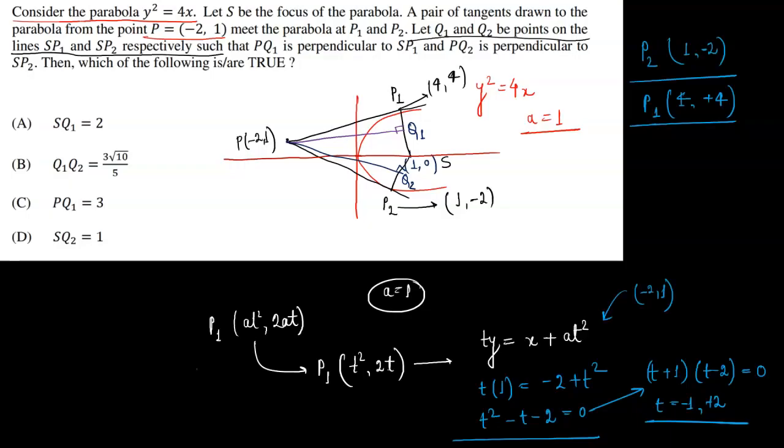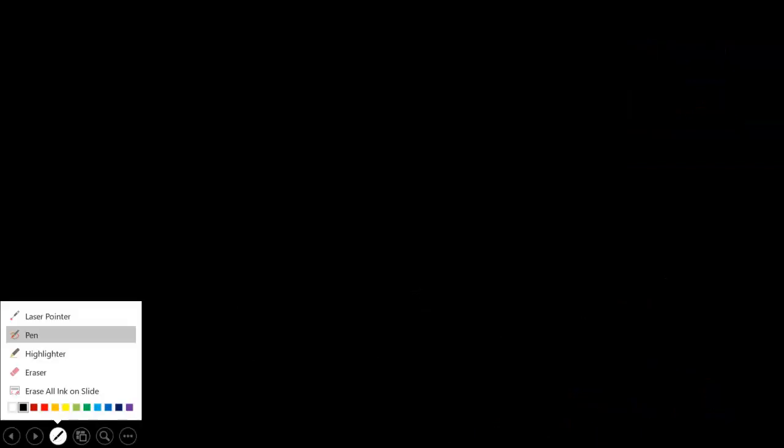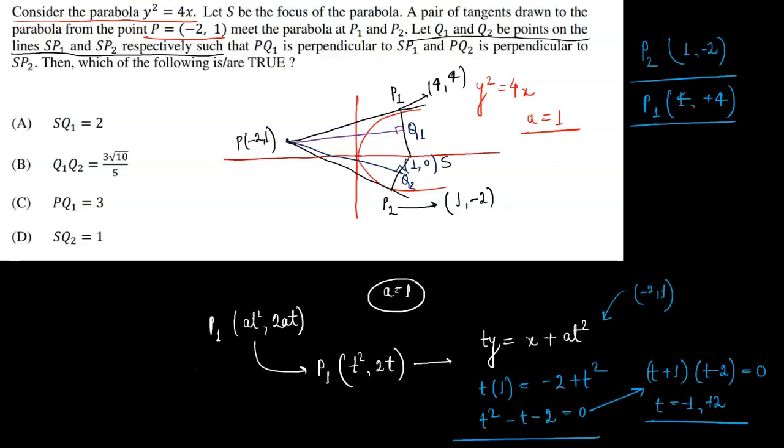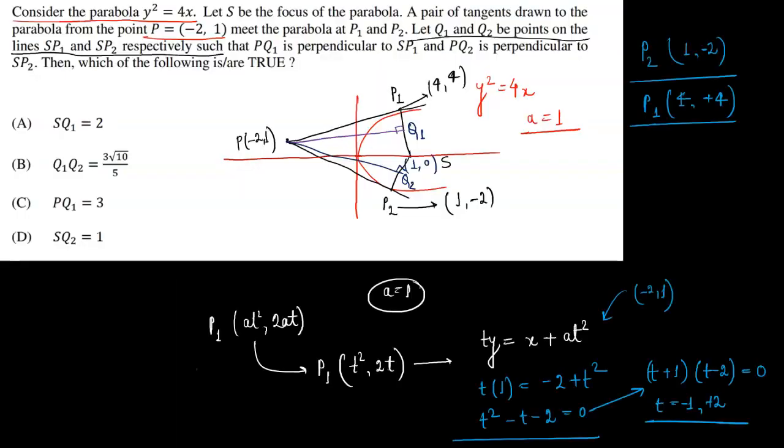Let us take firstly SP1. If I write here the equation of SP1, then the equation will look like y minus 4 upon x minus 4 is equal to 0 minus 4 upon 1 minus 4.